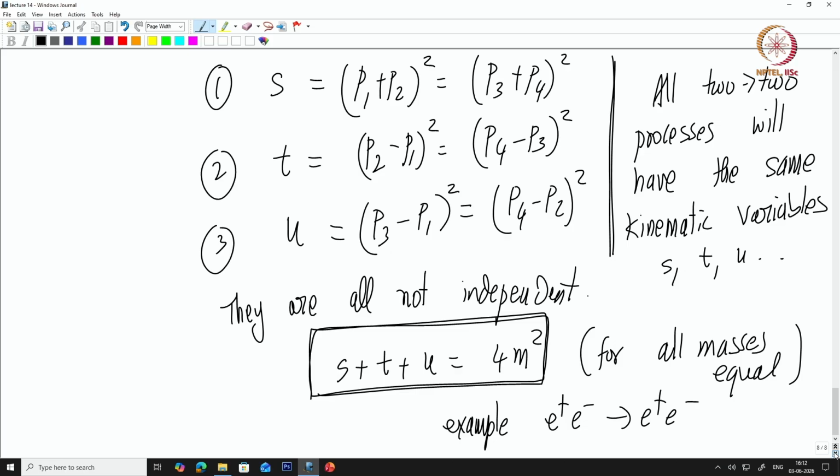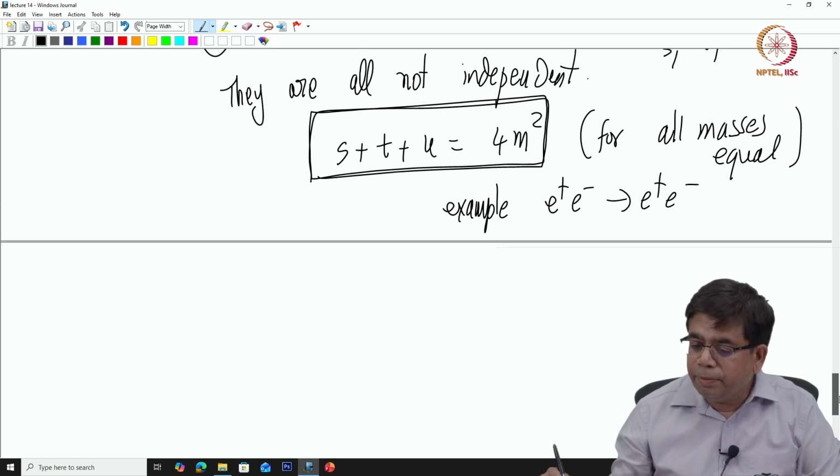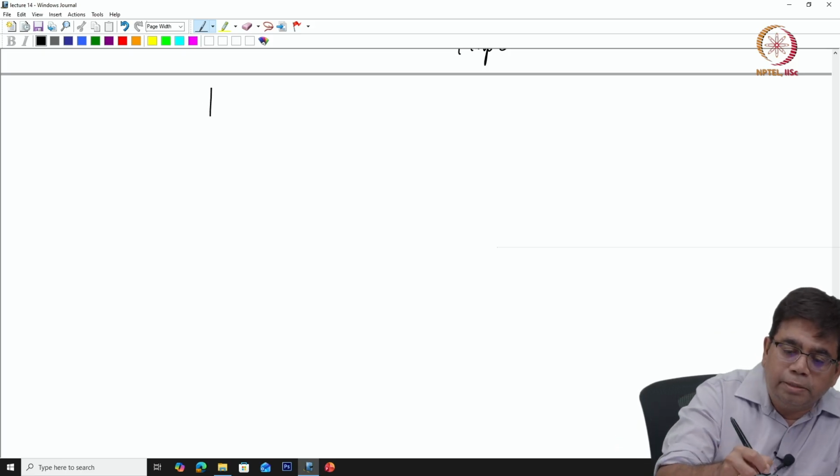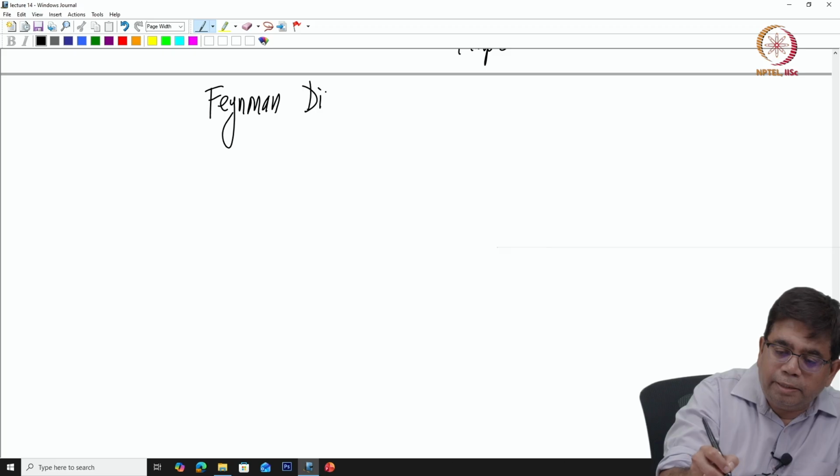Secondly, the strength of the process also depends upon the interaction strength, which is given by the H interaction, when you are calculating the scattering cross section. So we said we will do the Phi Four theory. One of the algorithmic ways is by calculating something called the Feynman diagrams.